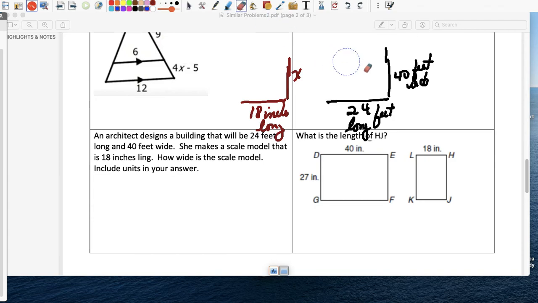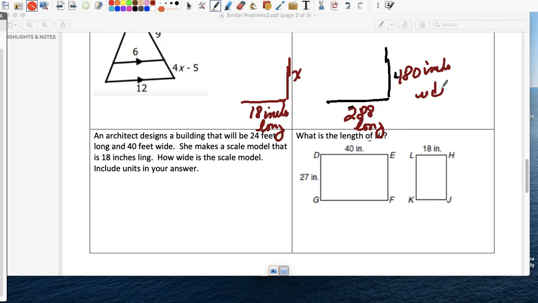So I'm going to change the feet into inches. 24 feet multiplied by 12 is 288 inches long, and 40 feet times 12 is 480 inches wide. So we can find the width of the scale model. This corresponds with this, and in green, this corresponds with that.